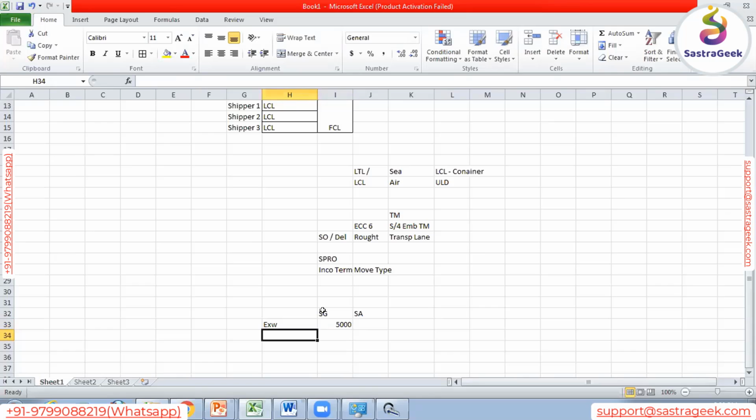If it is going through CIF, then the price would include the insurance cost also. So for the same product, between the same shipper and consignee, you can influence the price with respect to your Incoterms.